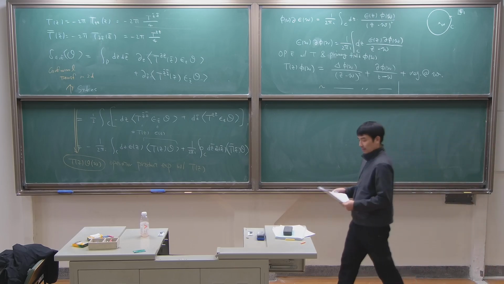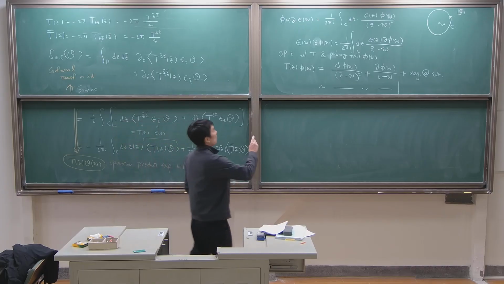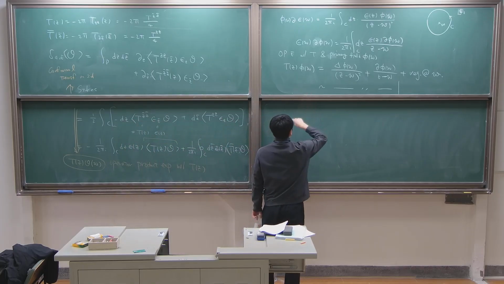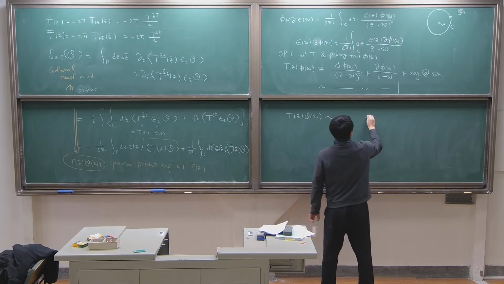And often what we will encounter is that this is the primary field, but in the case of a descendant, people usually get higher order terms.